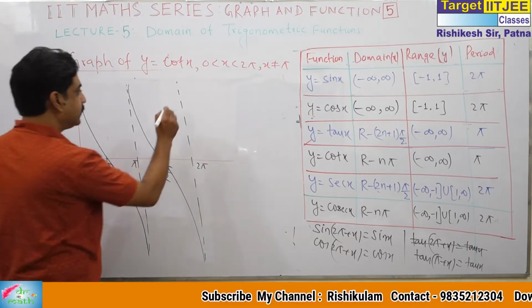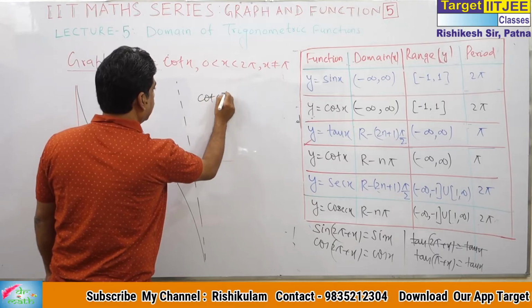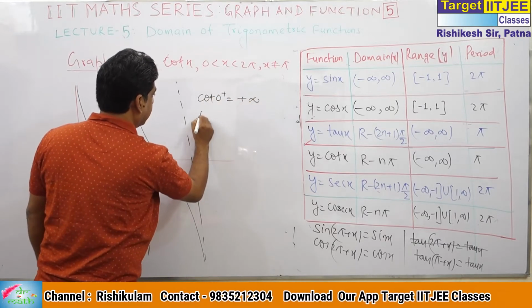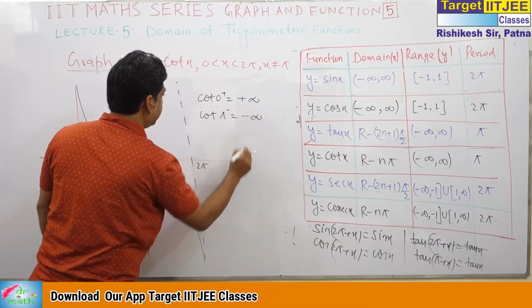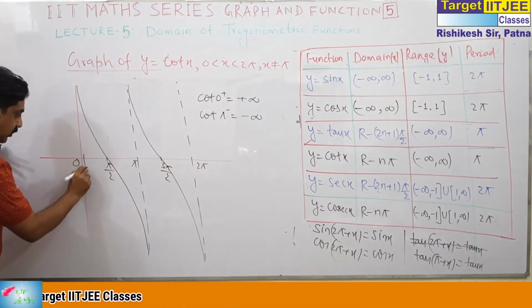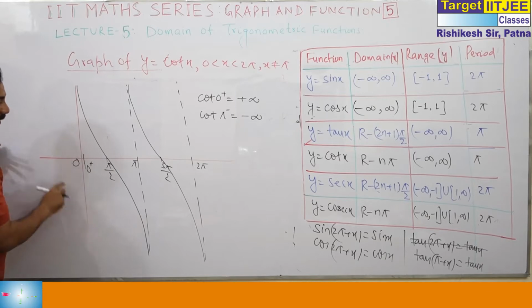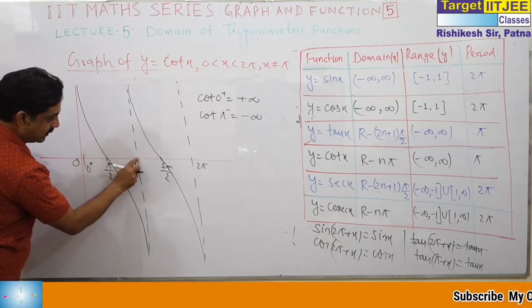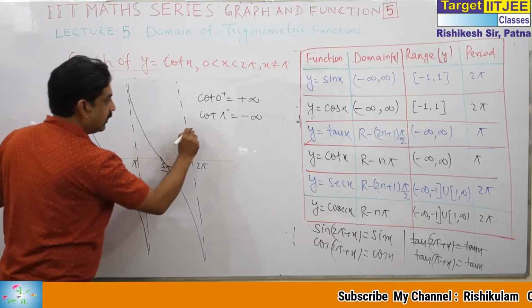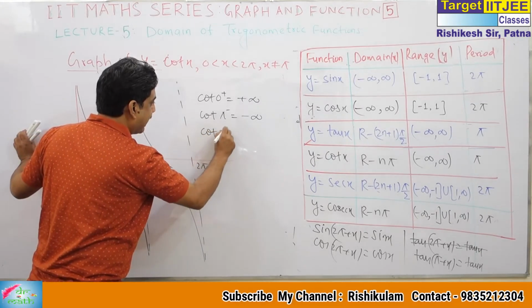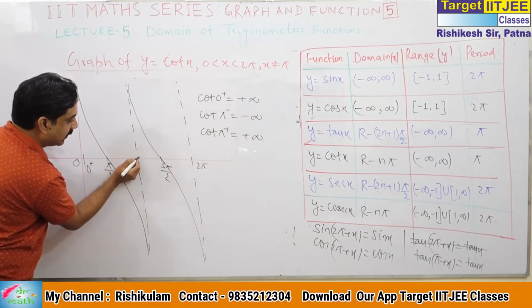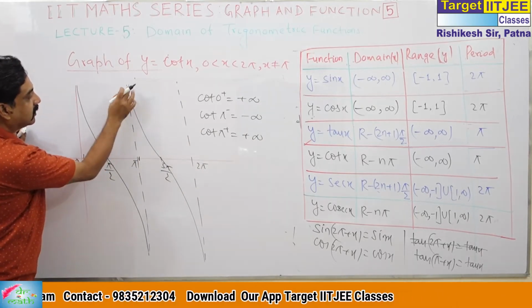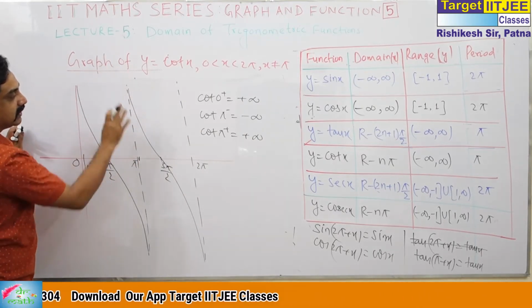You can say cot 0 plus is plus infinity, and cot pi minus is minus infinity. This point is 0 plus, just after 0, plus infinity. This point is pi minus, just before pi, minus infinity. You can also say cot pi plus is plus infinity, because pi plus comes in the third quadrant, and in the third quadrant cot is positive, so it goes to plus infinity.